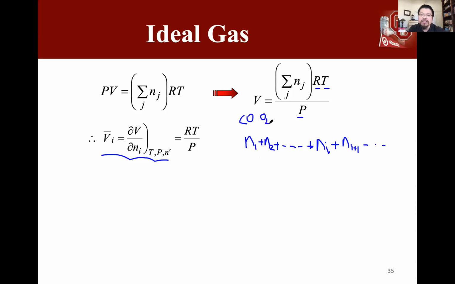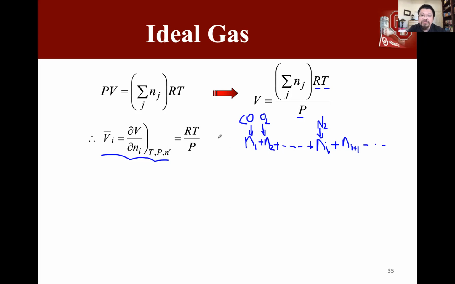Let's say N1 represents CO, N2 represents oxygen, and Ni, in some case, I'm going to use as nitrogen. So there you can see that they are independent of each other, right? Those would be simply the other components or the other species.